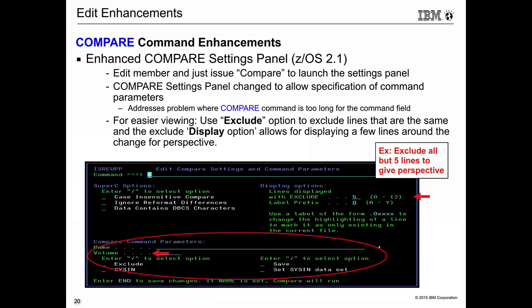There's a field for the volume that we just added and so forth. So this gives you a way, if you have a longer data set name and member name, to handle it through the compare panel. Also, this is the place where you would set the amount of context you want to keep around your points of exclusion. On here it shows there being 5 lines displayed around every exclusion point, but you could adjust that depending on how much perspective you'd like.